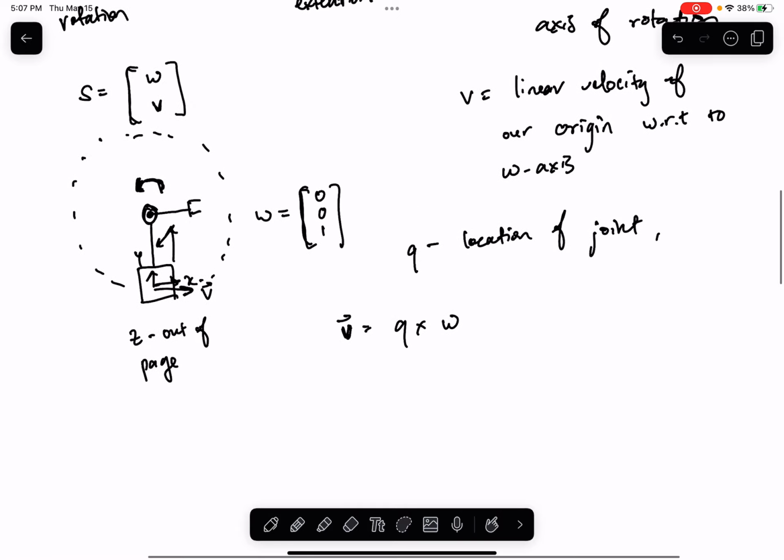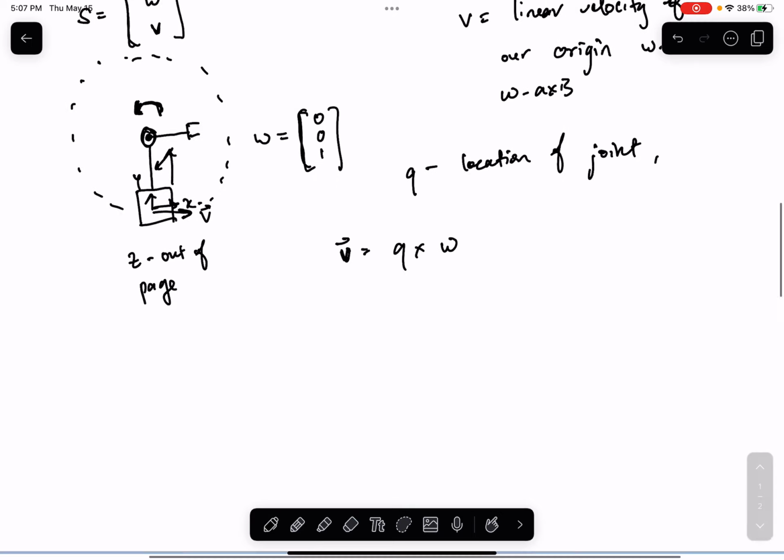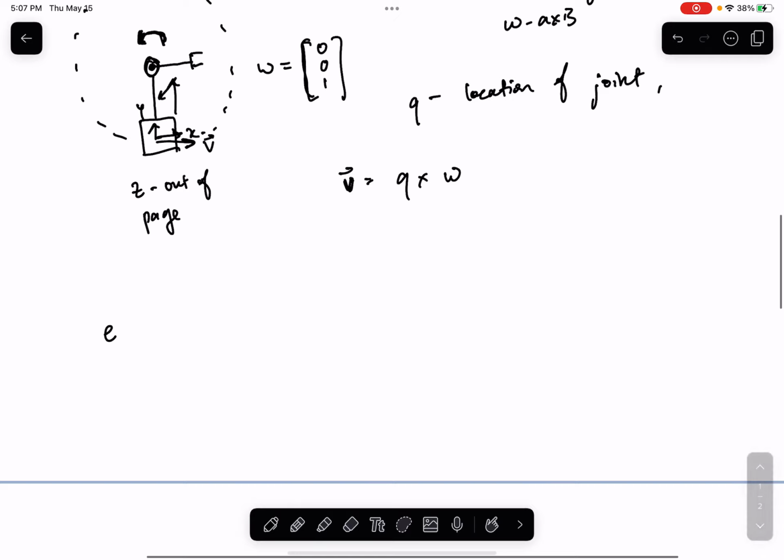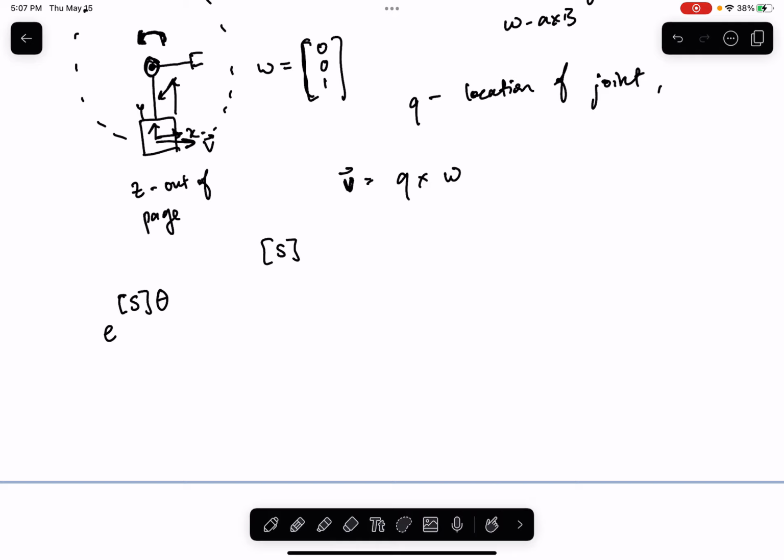So now, how do we get from the omega and v representation to an actual transformation matrix? That's where our exponential matrices come into play. Now, what does this representation mean? This is essentially just the skew symmetric matrix of S, which breaks down into the skew symmetric matrix of omega with v, then 0.